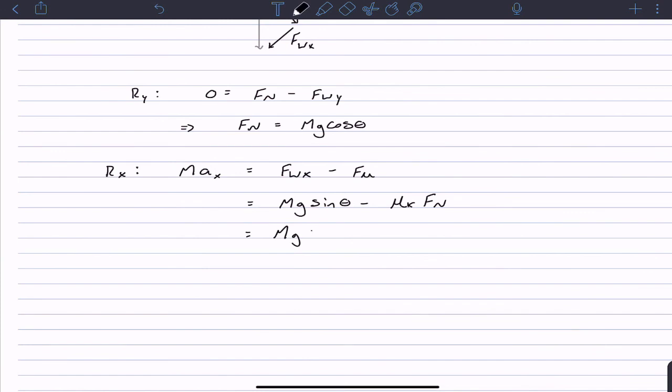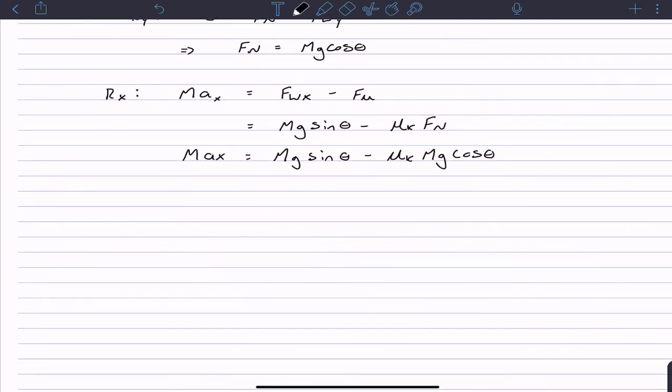That means since we solved earlier in the y component, F_n is equal to mg cosine theta. So here we'll put this mg cosine theta, and this is all equal to m a sub x. Okay, well, we can see that the m's are all going to cancel out, right? a sub x is equal to, let's just pull this g over here, sine theta minus the frictional coefficient times cosine theta.